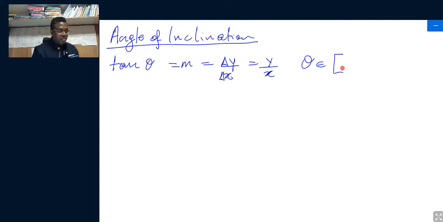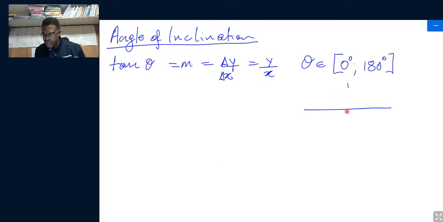When we specify it, we say theta could be from 0 degrees to 180 degrees. Why do we say so? Again, we come to the Cartesian plane. We are allowing that the line can go like this, from 0 degrees to 180 degrees. We know this thing.